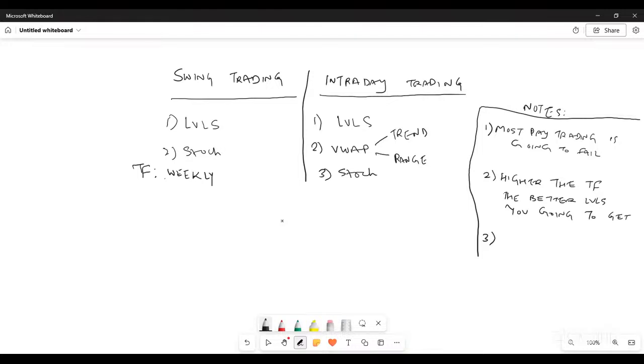Then you confirm it in a smaller time frame. You can go down to hourly or 4 hours. Remember, we are looking at levels in the weekly. So yes, you can go down to hourly for your confirmations.